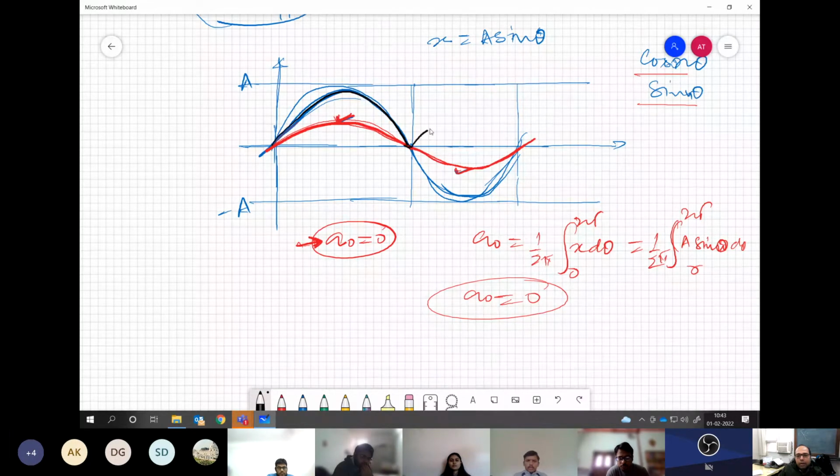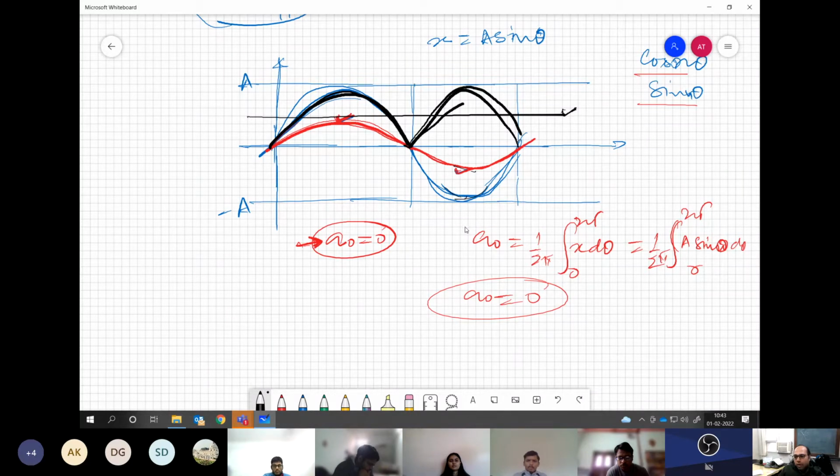And then you take the average of this black waveform. If exactly this waveform matches the given waveform, which means that particular harmonic is present, then only you will have a DC value over here.